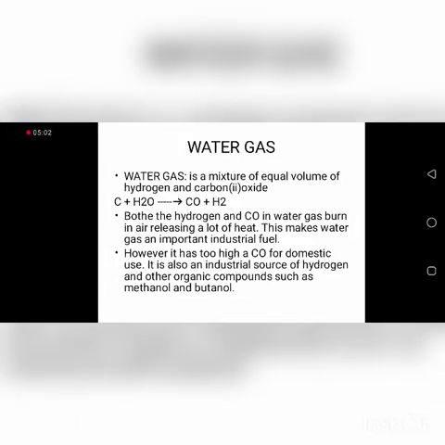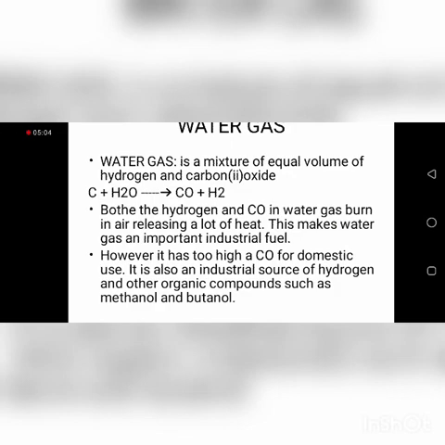Let's look at water gas. Water gas is a mixture of equal volumes of hydrogen and carbon monoxide, CO plus H2. Both the hydrogen and CO in water gas burn in air, releasing a lot of heat. This makes water gas an important industrial fuel.